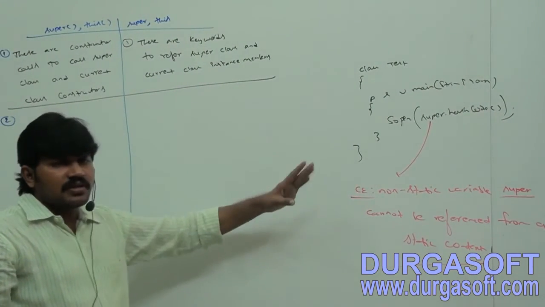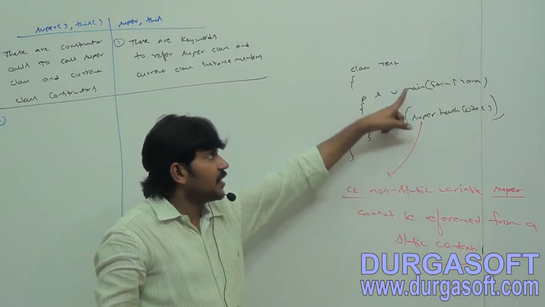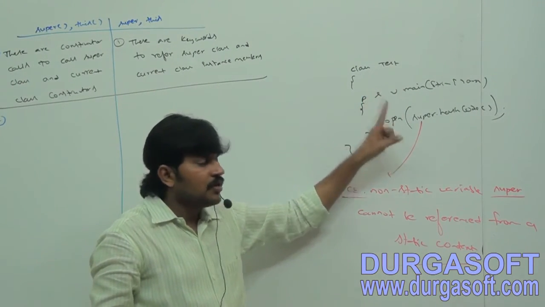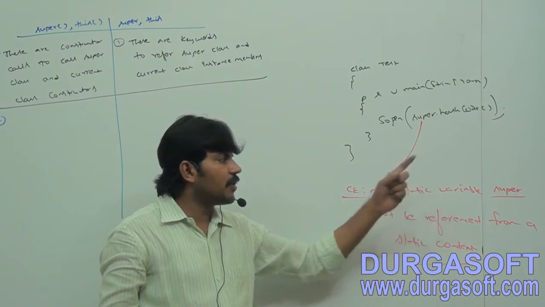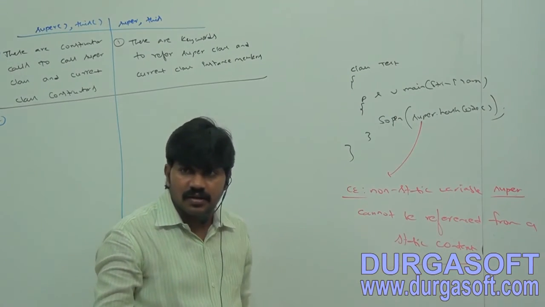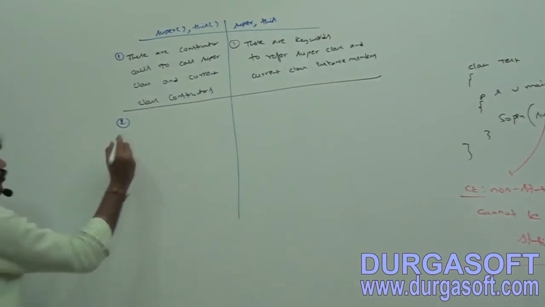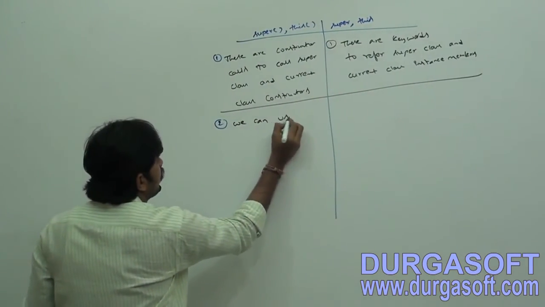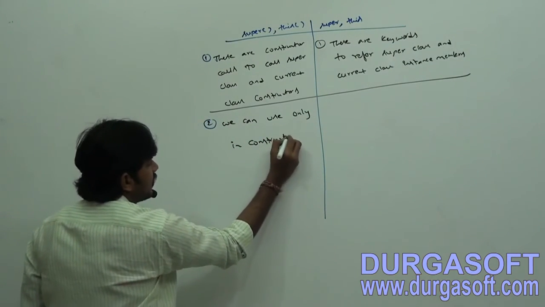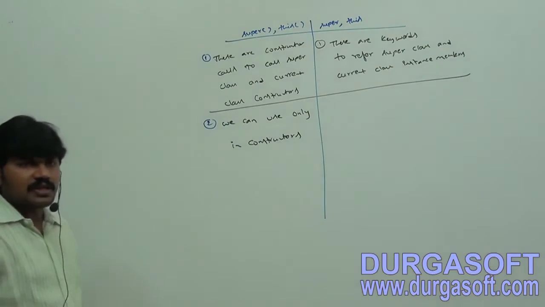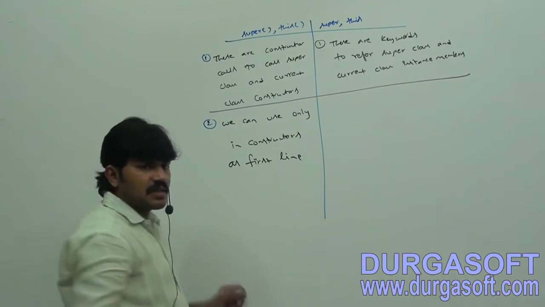We can use super anywhere, no problem at all, except which area? The static area, because the main method is a static method. Super means instance member, which cannot be accessed from a static area. That is why we get the error: non-static variable super cannot be referenced from a static context. So the second point: the constructor calls we can use only in constructors, as the first line.